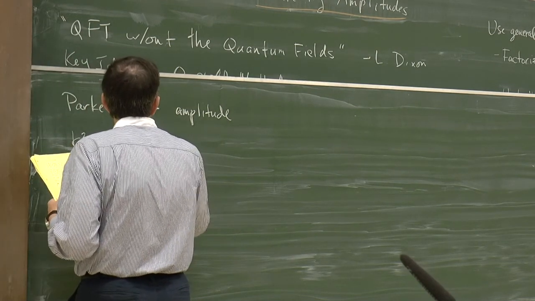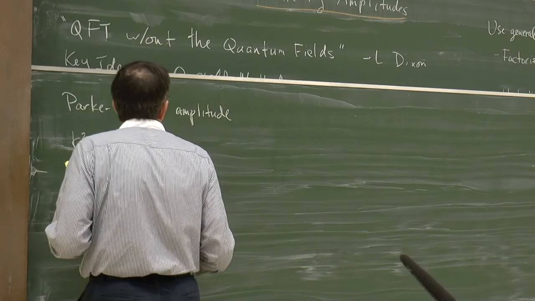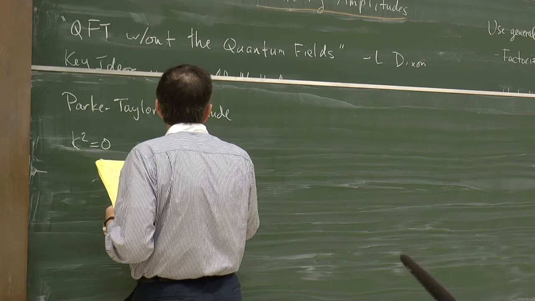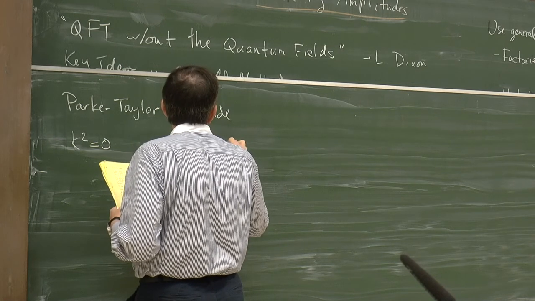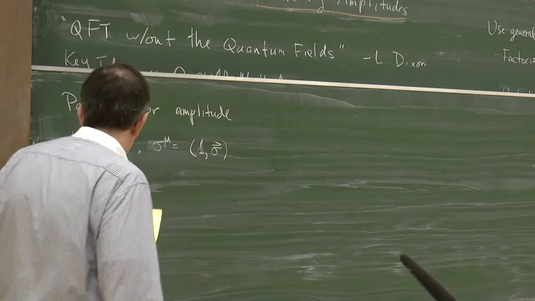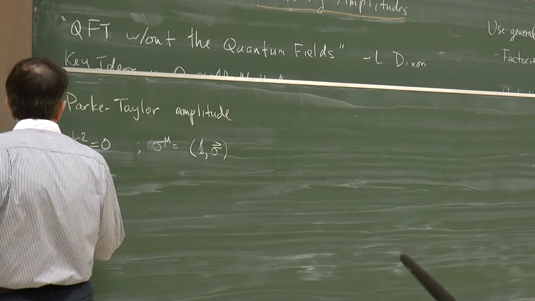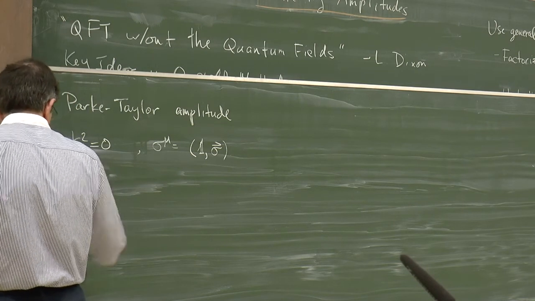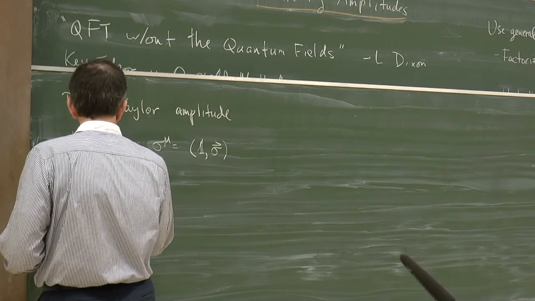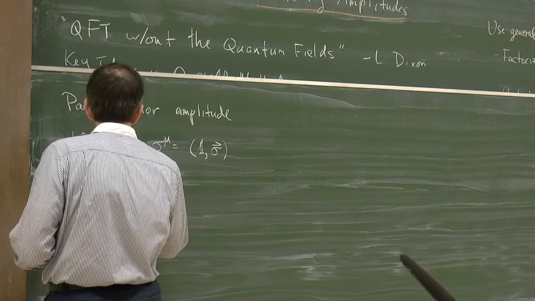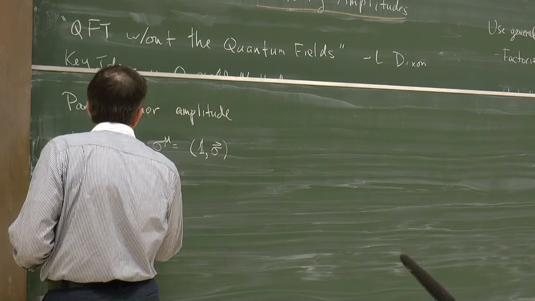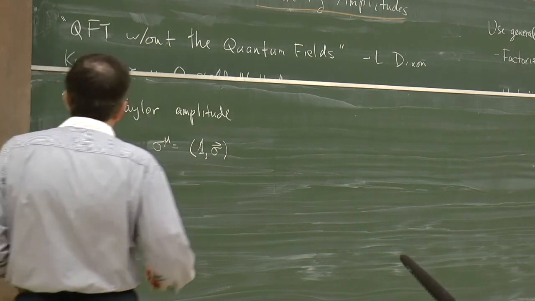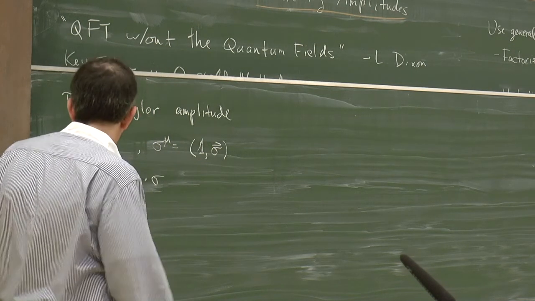If we introduce the four-vector of generalized Pauli matrices, so the identity for the time component and the usual Pauli matrices for the space components, we can then write a matrix representation, and I won't distinguish the matrix from the four-vector notation, just by dotting the four-vector into the Pauli spin matrices.